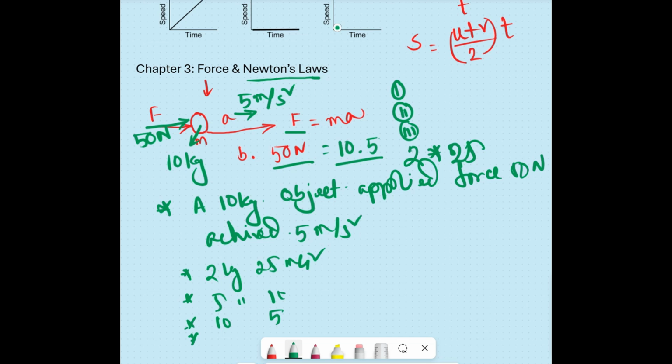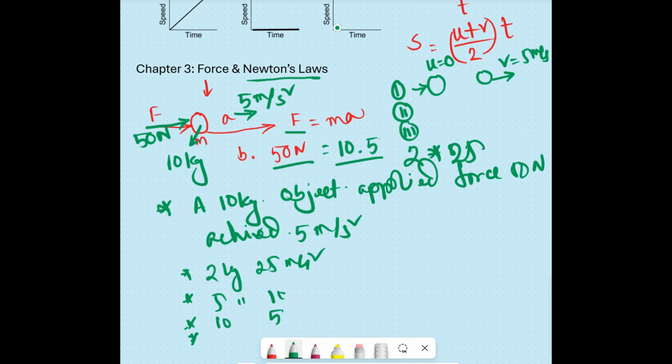It means if there is an object, it will remain static unless there is an external force applied. Vice versa, if an object is moving, it means it has a velocity, say 5 meters per second. It will continuously move unless an external force is applied to stop it.